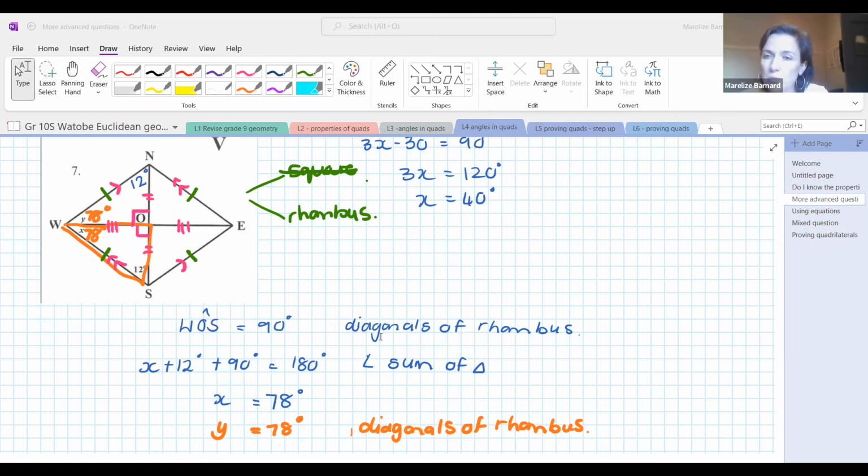Ms. Coco, what did you want to say when you had your hand up? Oh, yes, I did. I just wanted to remind you guys, if you're looking for something like x and y, you'll notice that x and y are actually angles. So when you're looking at your rhombus, you're going to want to find all the properties of a rhombus that have to do with angles. And that's when you're going to be able to see it a lot easier.